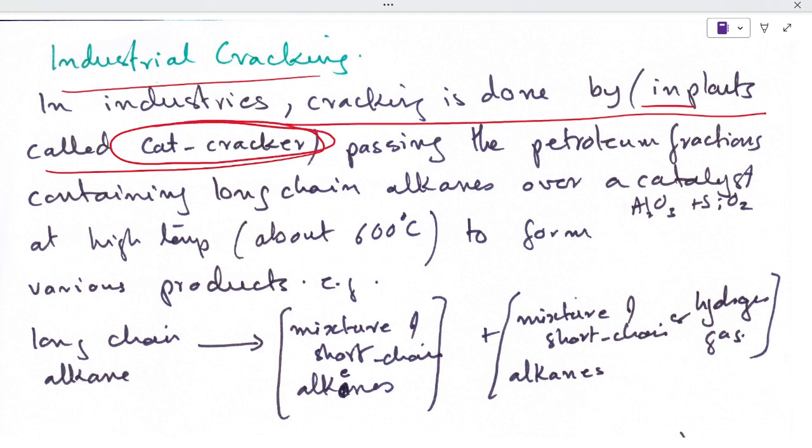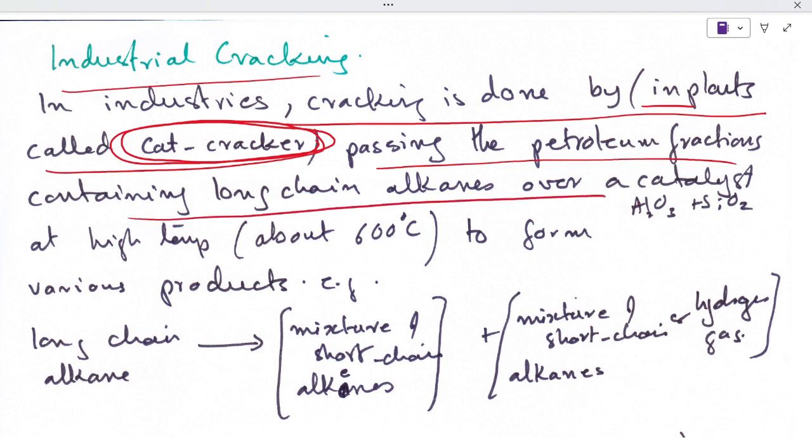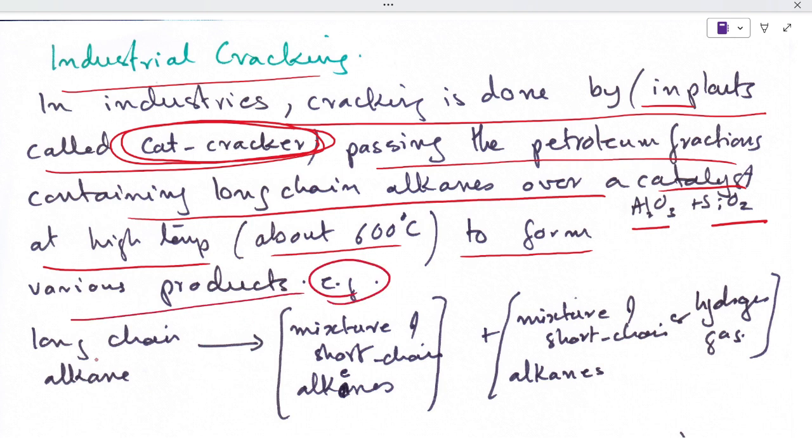So cracking is done by passing the petroleum fractions containing long chain alkanes over a catalyst of aluminium oxide and silicon dioxide at high temperature, about 600 degrees centigrade, to form various products. For example, long chain alkanes are broken down into a mixture of short chain alkanes plus short chain alkenes and hydrogen gas.